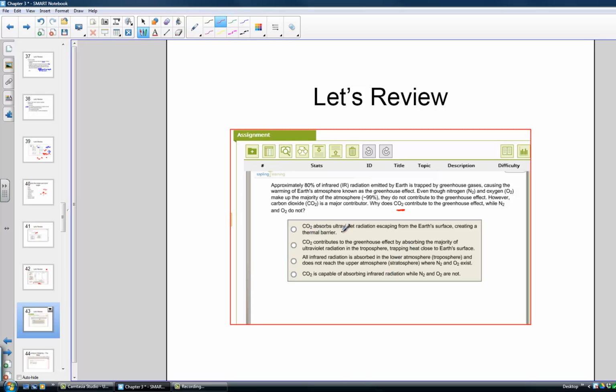Now, I was kind of being sneaky because ultraviolet is not what is being absorbed. Remember, UV would simply blow apart the bond. UV is so strong it would break the bond. CO2 and other greenhouse gases absorb the infrared, the less energetic radiation, not that high energy radiation. That was kind of a careful reading question.